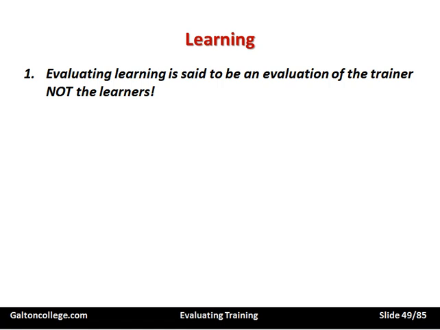But a simple test may reflect poor quality. Now, these are issues, and there are issues in education, there are issues in training. So saying that the assessment is an evaluation of the trainer rather than the learners is dangerous, because the trainers may influence the outcome of the assessments.